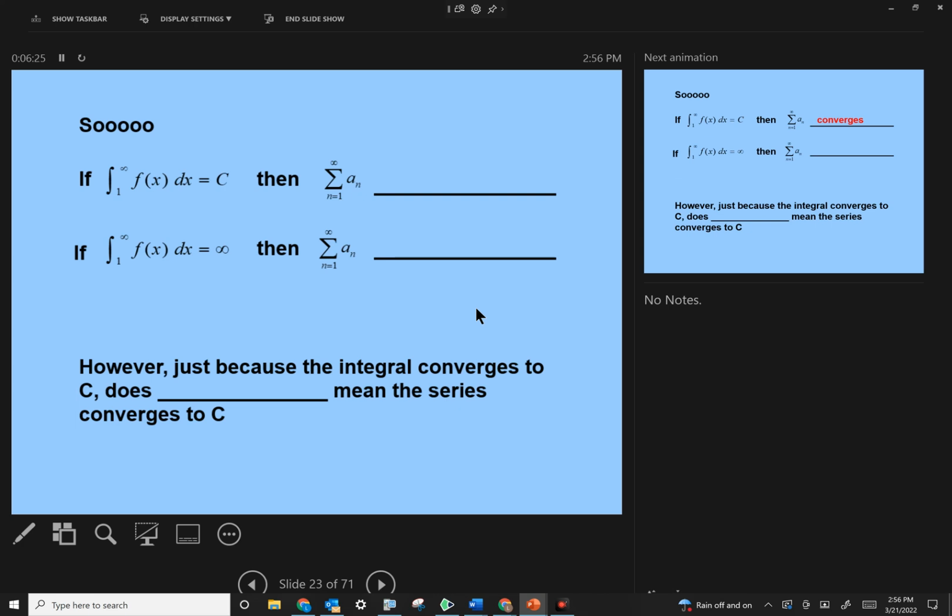So if the integral equals a specific constant, then we know that the series converges. And if the integral doesn't equal a constant, meaning if it was infinite, then we say it diverges.